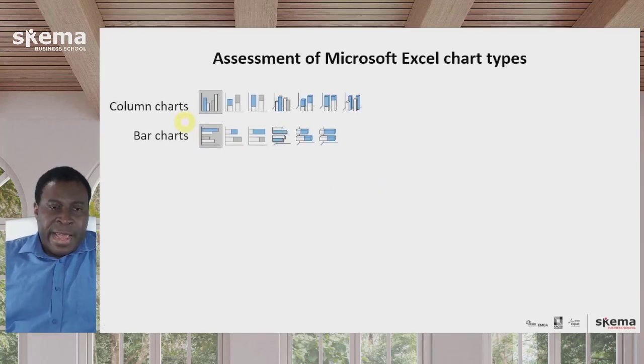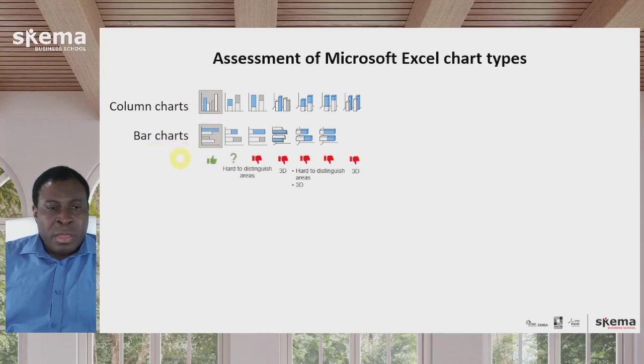So first, looking at the column chart and bar chart, which are basically the same things. Column charts are vertical and bar charts are horizontal. The bars and columns are some of the most effective tools for data visualization and are highly recommended.